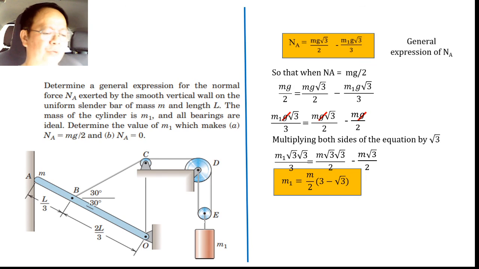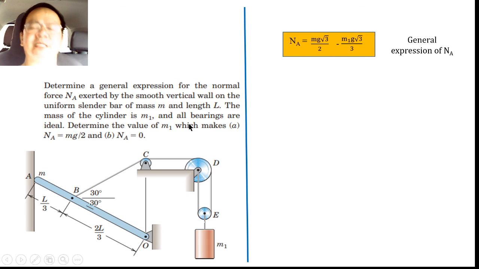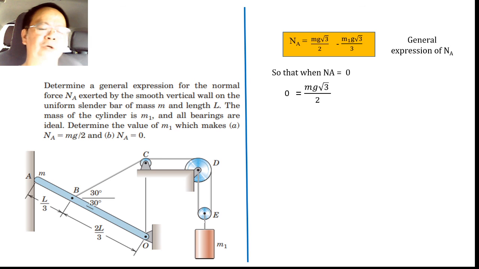Now for the second question, what will be the value of m sub 1 so that NA will be 0? Going back to the general expression of n sub A, when n sub A will be 0, we substitute this value to be equal to 0. That becomes 0 equal to mg the square root of 3 over 2 minus m1g the square root of 3 over 3.